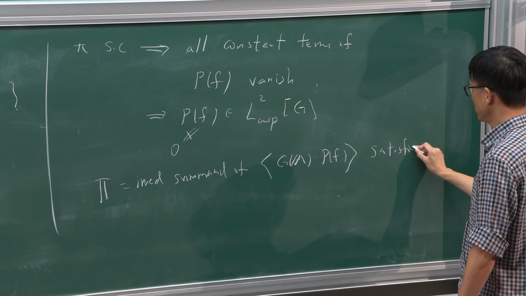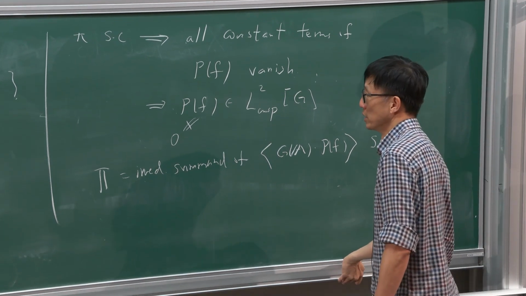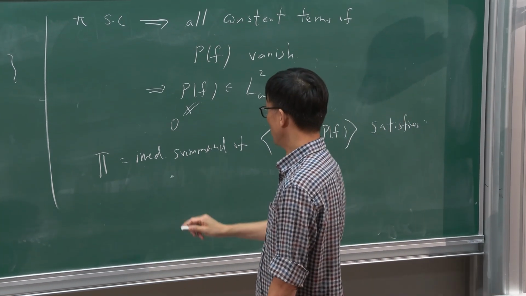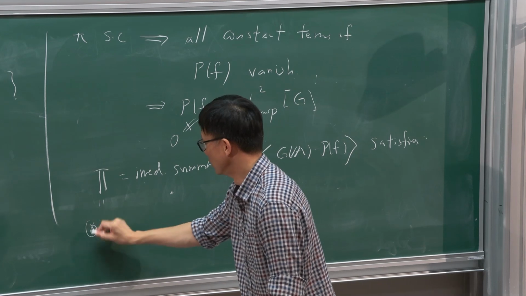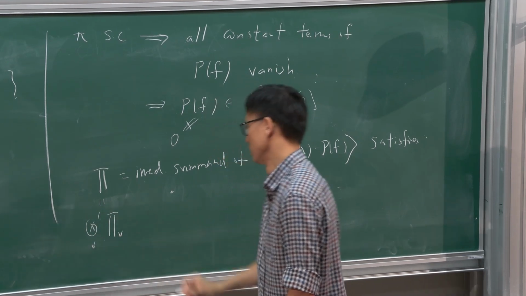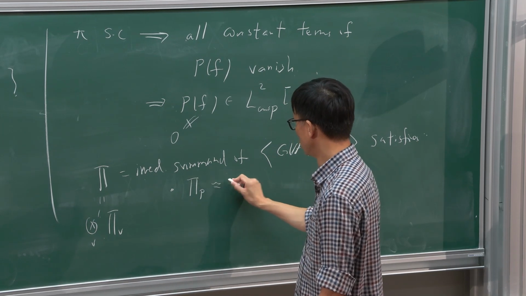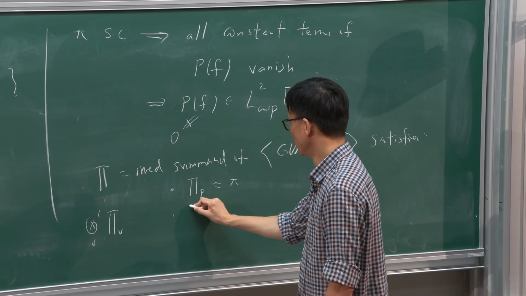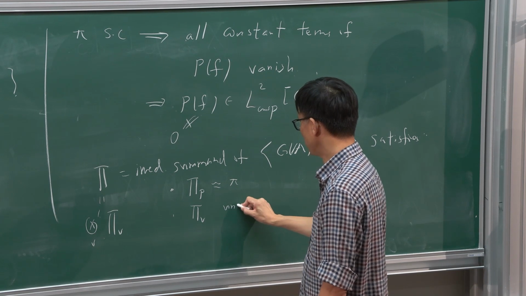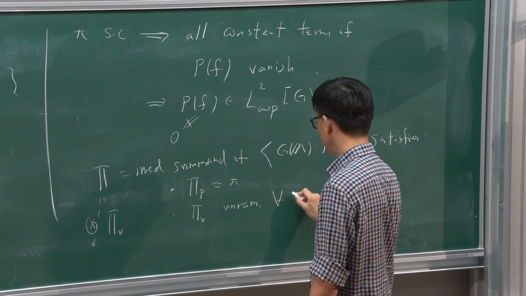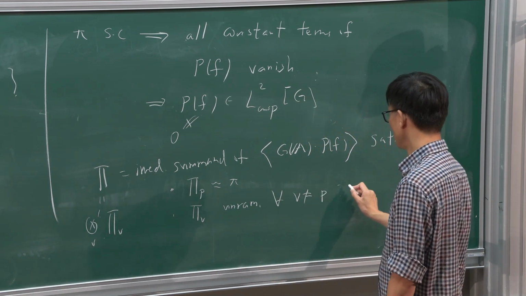So this is an irreducible cuspidal representation, and it has the following property. It is a restricted tensor of local representations. So at p, it is pi. Pi v is unramified for all v finite, not equal to p.